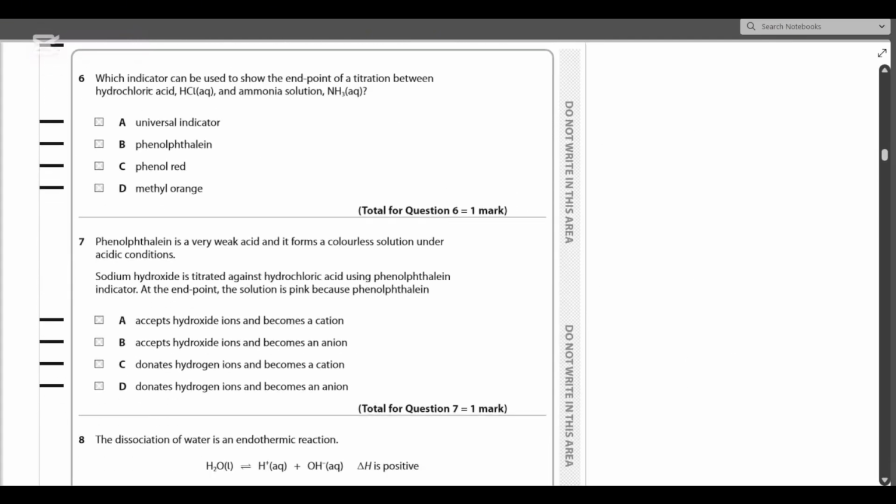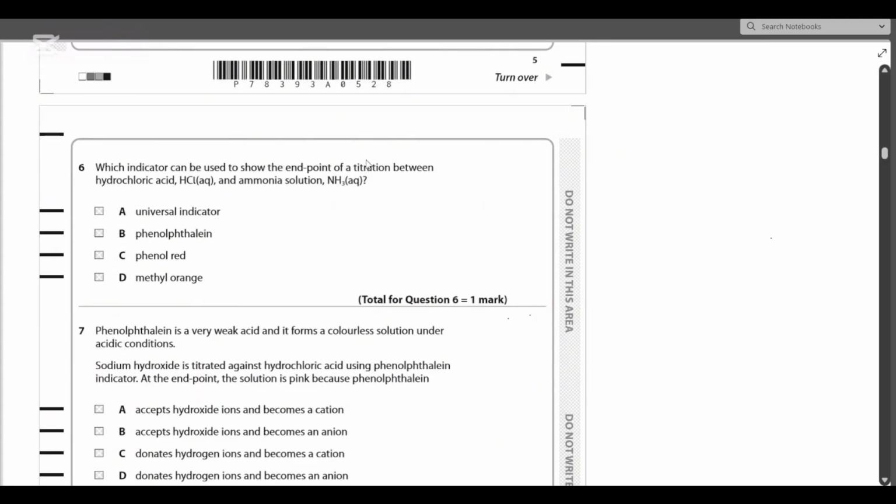The next one, they asked which indicator can be used to show the endpoint of a titration between hydrochloric acid and ammonia solution. Now, in order to solve this, obviously we can see very clearly that a strong acid and a weak base are taken as a mixture.